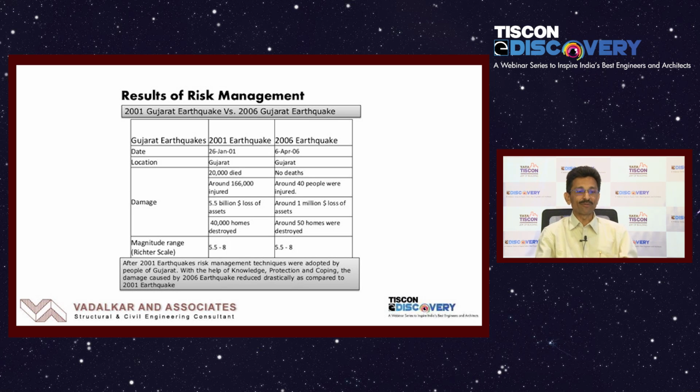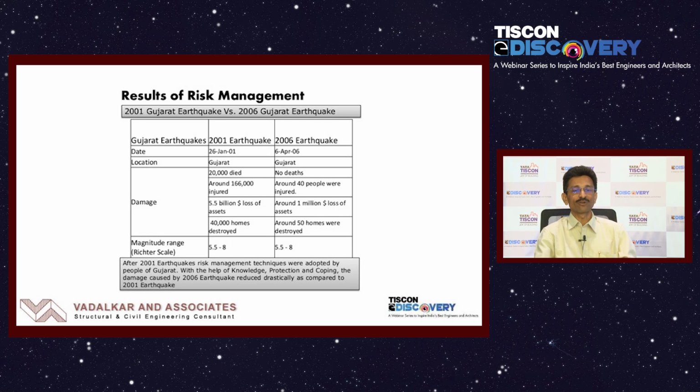Loss of life and property was also very huge during the 2001 earthquake, but after that it was reduced. And if you compare the magnitude, the range of the earthquake was between 5.5 to 8, so it was around 7.7 in the Kutch area.